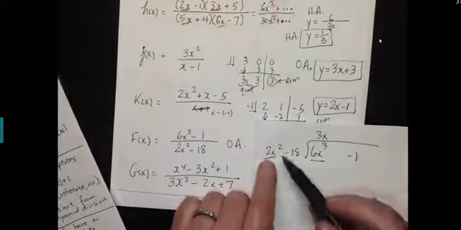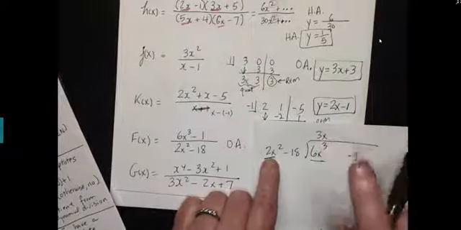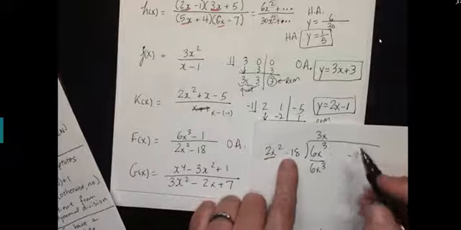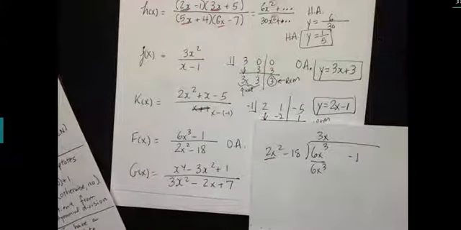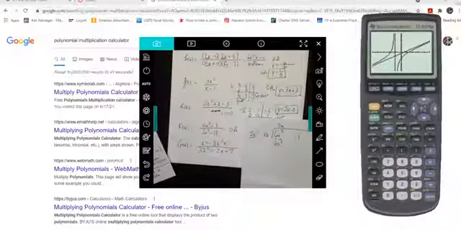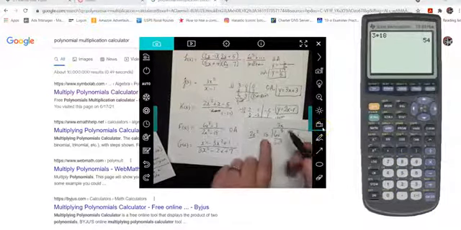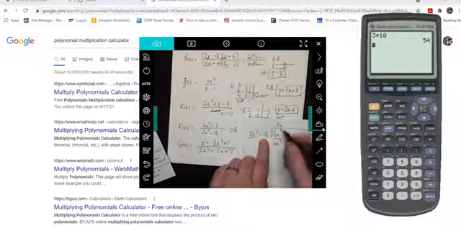Then you multiply 3x by everything. So 3x by 2x squared is 6x cubed. And 3x times negative 18. So 3 times 18 is going to be 54. So 3x times negative 18 is going to be negative 54x.